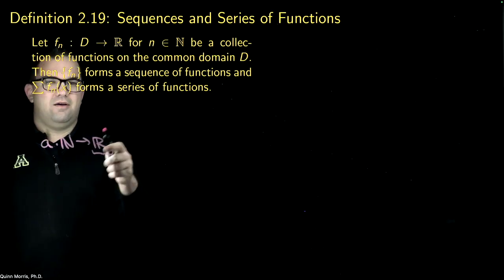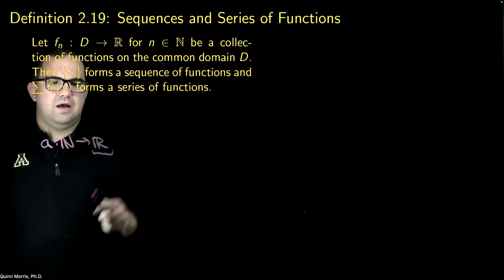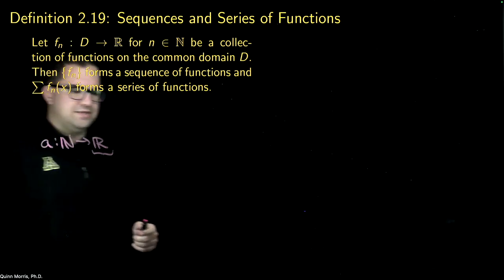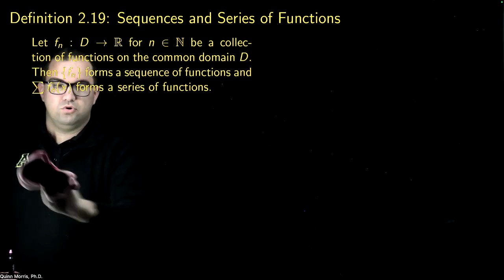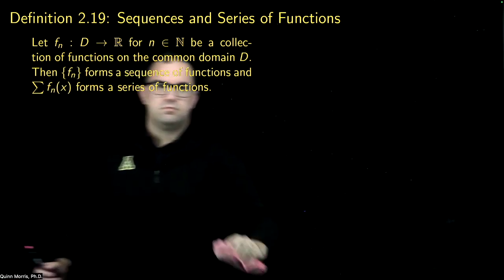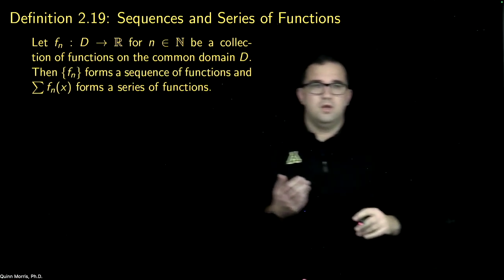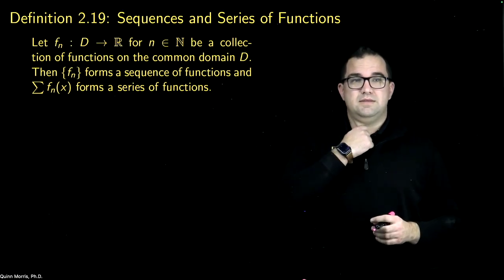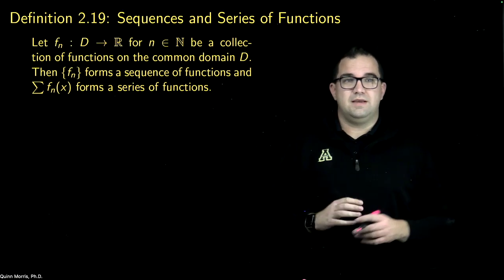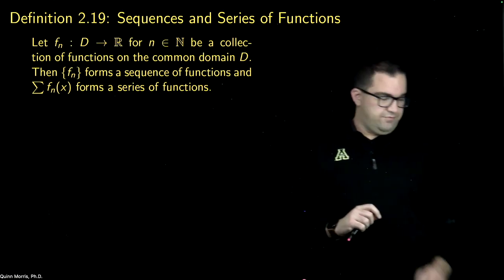It should be like the set of all possible functions. It's just a little harder to express in that same manner. So we do leave this slightly less rigorous definition. But it is indeed exactly how we want to think of sequences and series of functions.